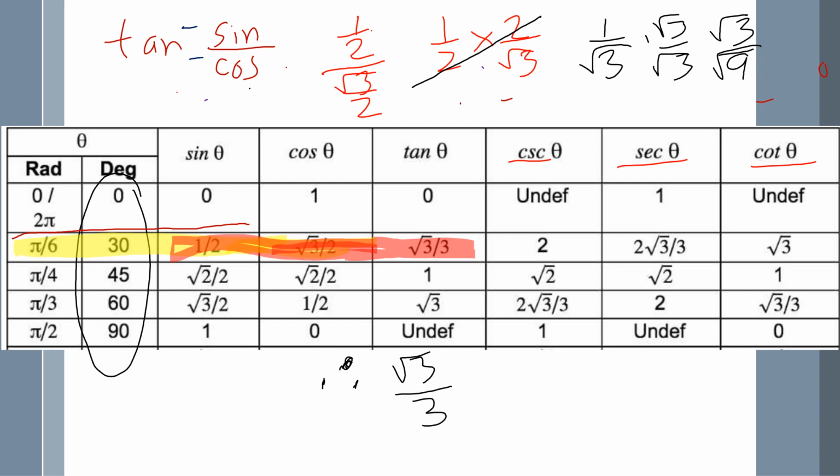So, we did that one. So what if I was to ask you to find the inverse of sine, which is cosecant? So we know it's 2 just looking at that, but why is it 2? Because remember, sine is opposite over the hypotenuse, which we found out to be 1/2.